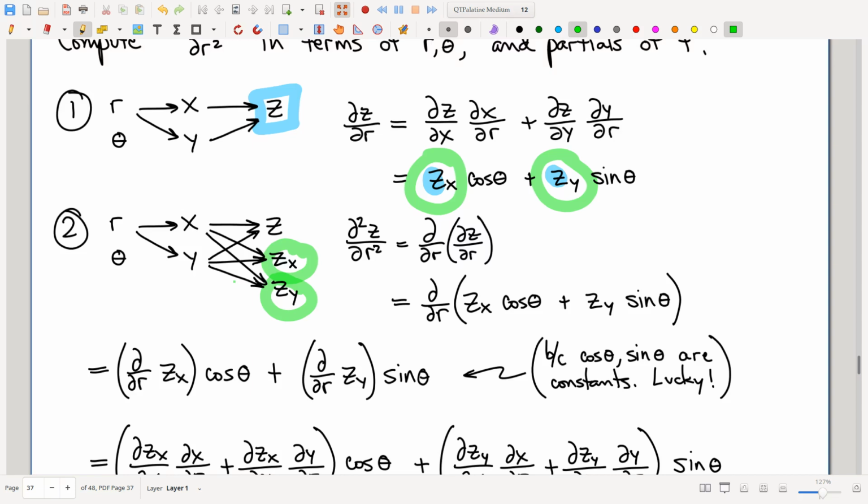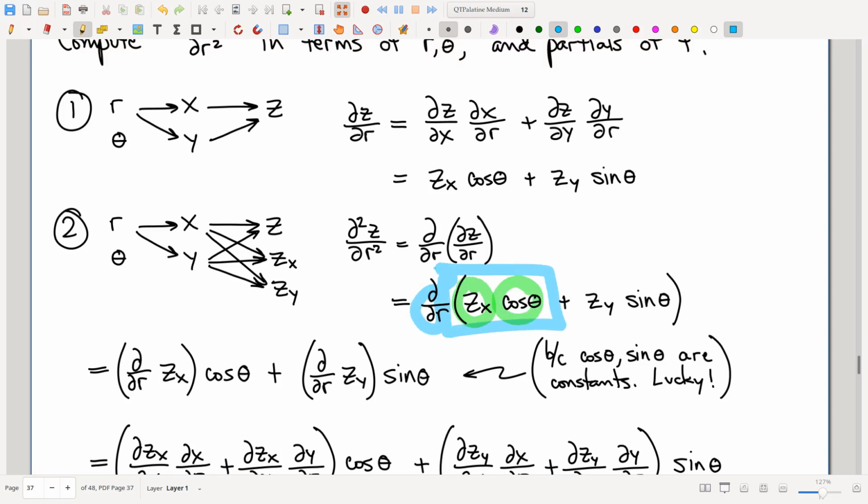Sometimes you have to use the product rule. I'll point out we got lucky this time that in this product that we needed to take an r partial of, one of these factors happened to be a constant. That was a lucky break. You won't always get that lucky. Sometimes you'll have to write out the product rule before you can go on to the actual next chain rule step. But again, all that's kind of old news.